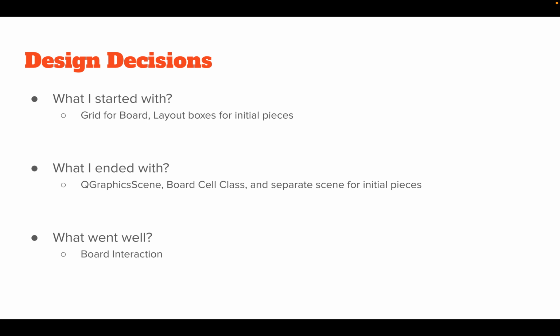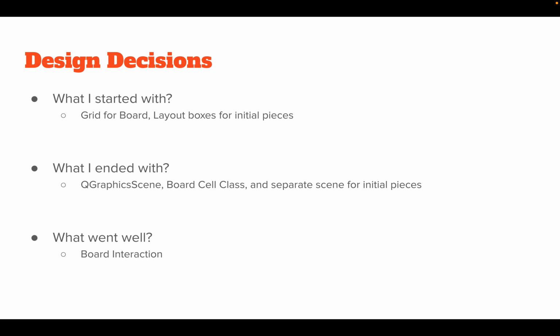And same thing with the initial pieces, like when we start the game before we place anything. The way I did it in Homework 4 was to add more layouts to hold those pieces, and I realized that just adding a separate scene for those initial pieces would make my life a lot easier.